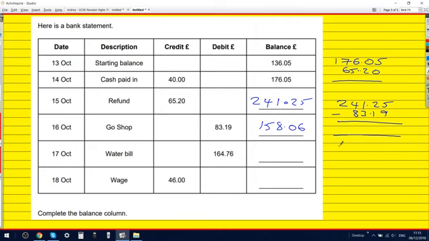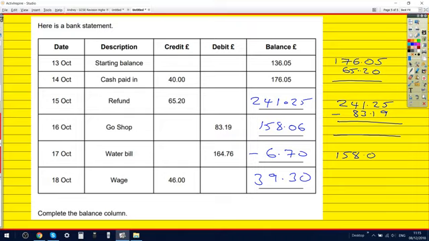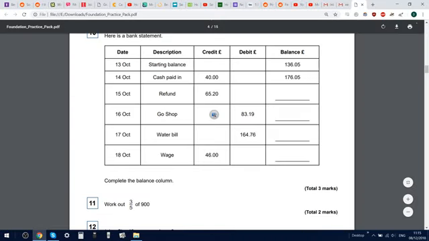Yeah. And that'll give you minus £6.70. And last one. And then you would add 46 onto that. And that is 39.30. Yeah. Got it.